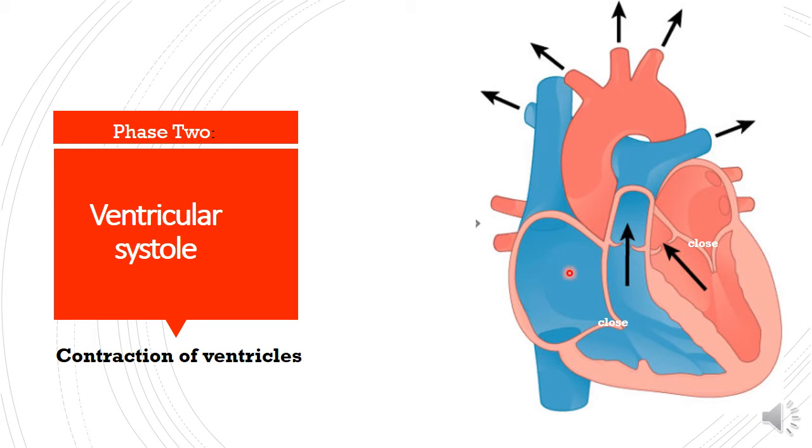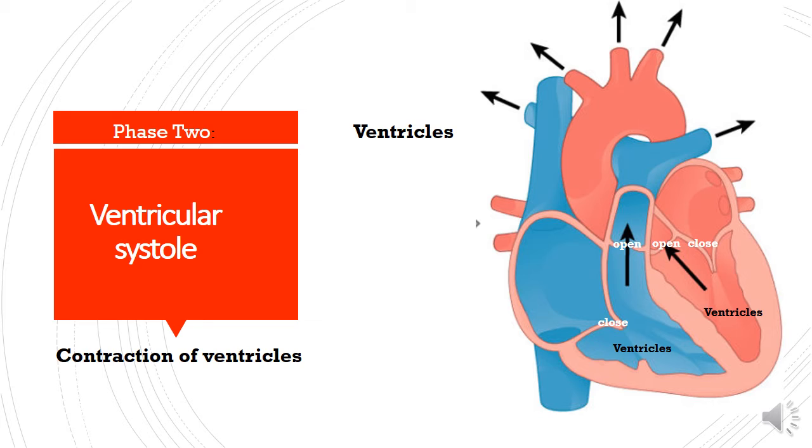Remember, blood only moves in one direction in the heart. So these valves prevent the backflow of blood into the auricles. Now we have the sigmoid valves open, and we need them to be open because the ventricles are going to contract.